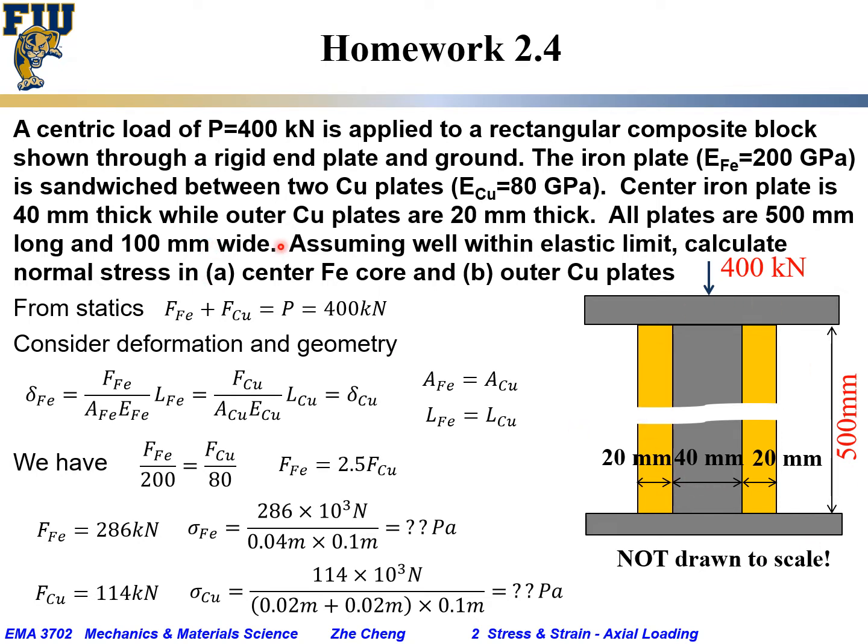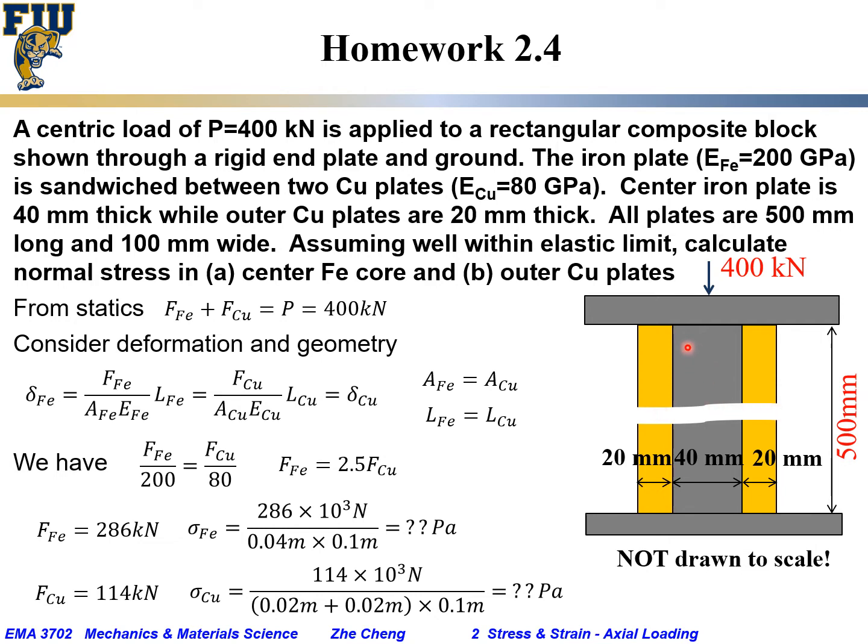We want you to calculate the normal stress along this vertical or axial direction, both within the center iron core and in the outer copper plates, one on the left and one on the right.